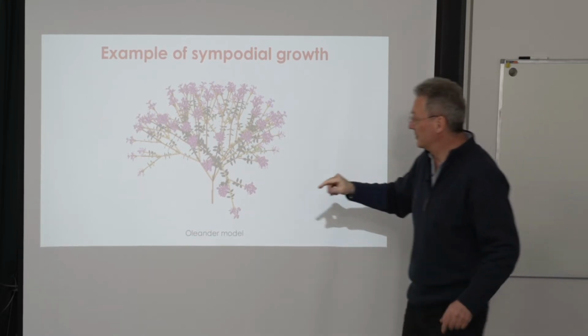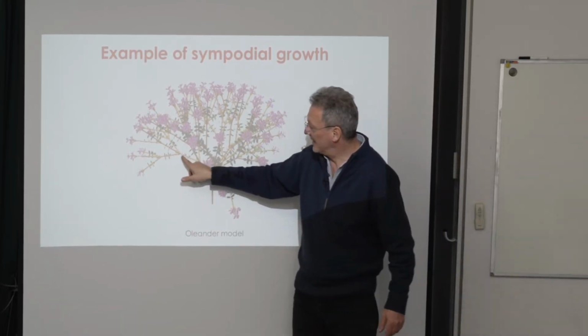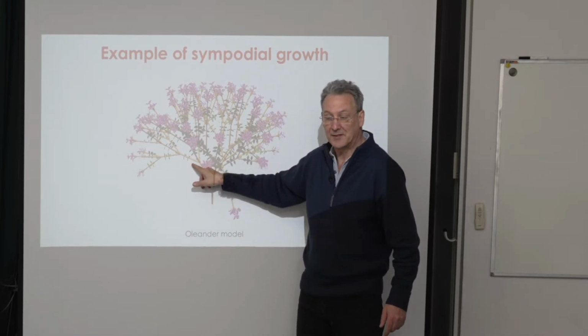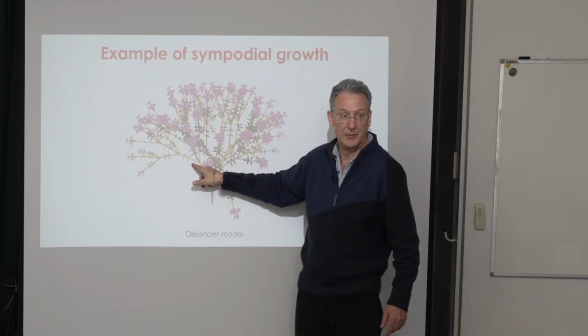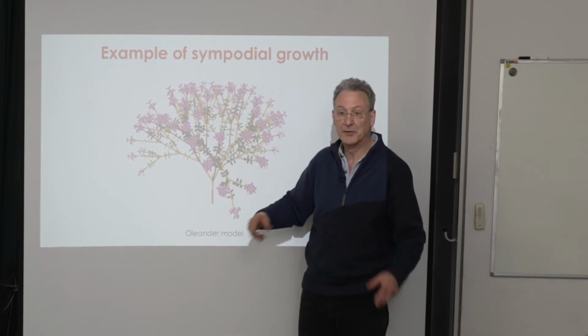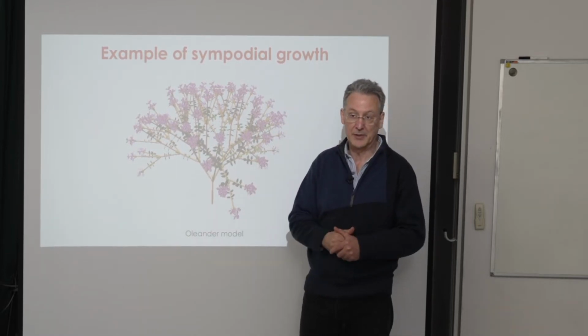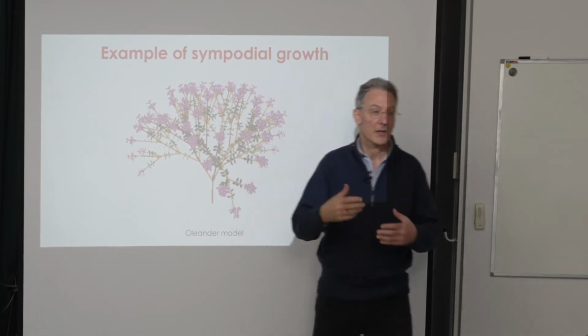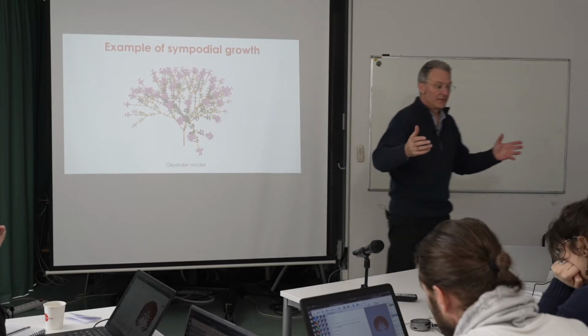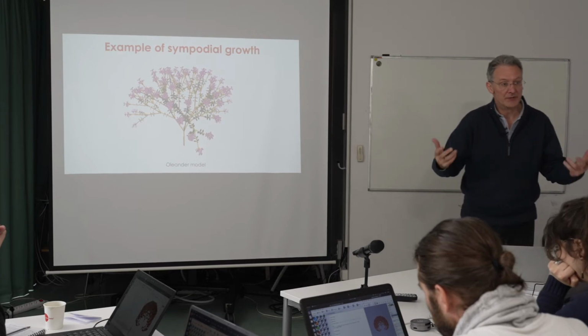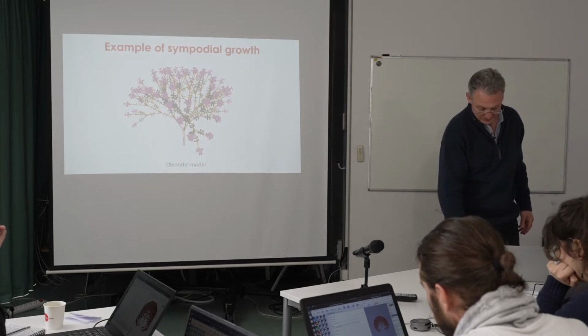Okay, and what you note as well is that there are leaves in the last elements of the plant, but not in the beginning, because after some time the leaves fall out of the plant. So you have this notion of pruning out the elements when they are too old. The plant gets rid of them. Okay?